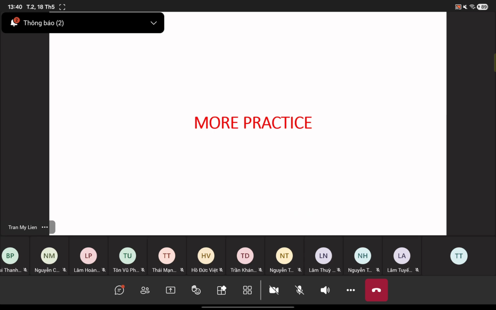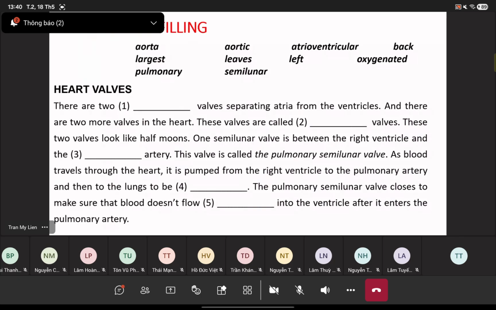There are some tasks for you to review the lesson. Task 1. Get ready.